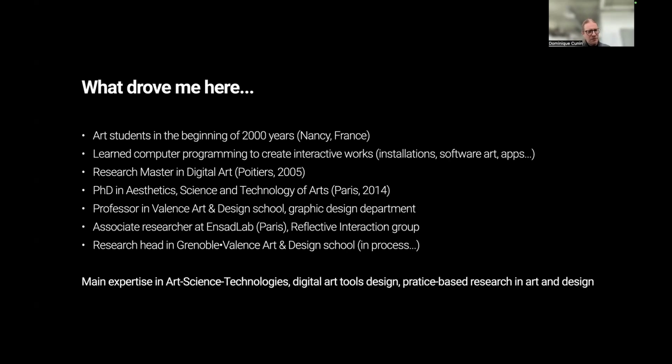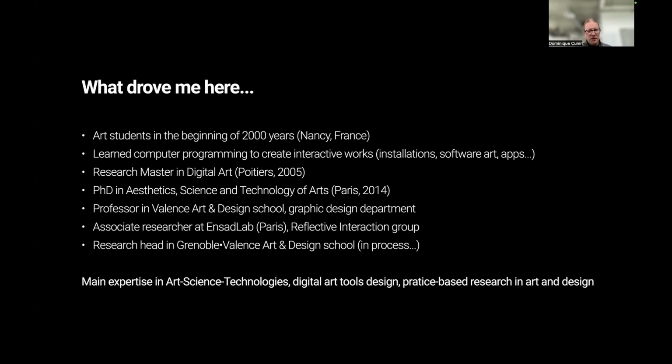Then I became a professor in this school here in Valence, in art and design, specifically in the graphic design department, because we have two different departments, art and graphic design. And usually in France, art schools can also have other departments gathered in the same school. It can be interior architecture, object design, mainly object design, or visual communication.